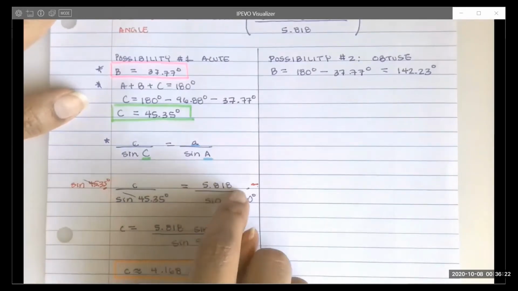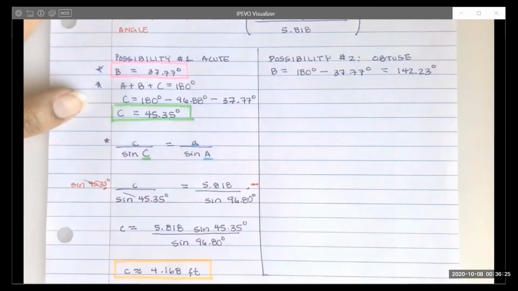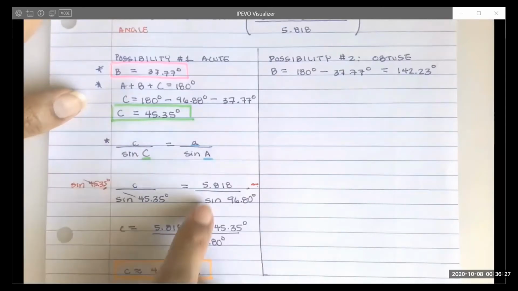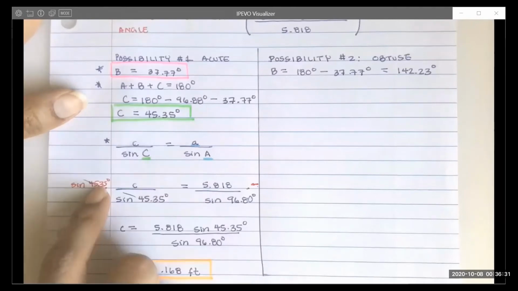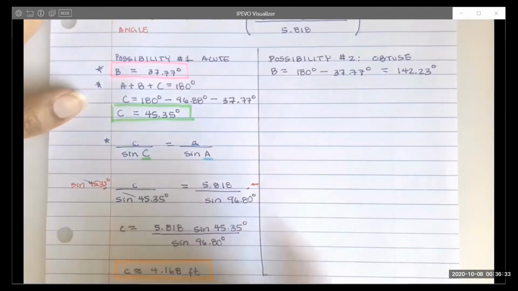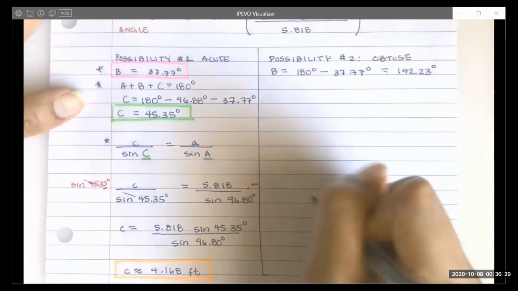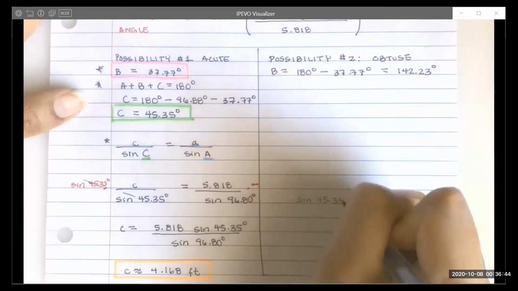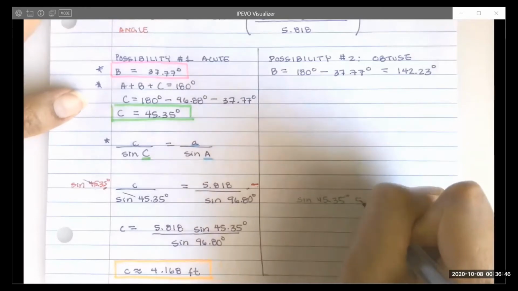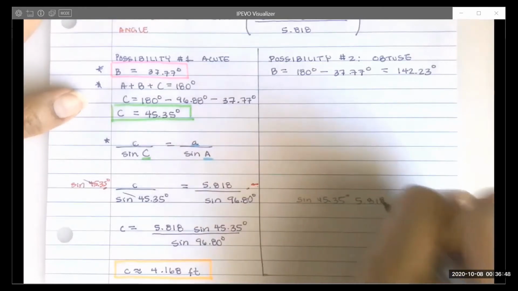The only thing with that is that if we're writing things very quickly, we might get confused between what's inside of the sine versus what's outside. Let's say we write sine of 45.35 and then 5.818 because I'm multiplying together.